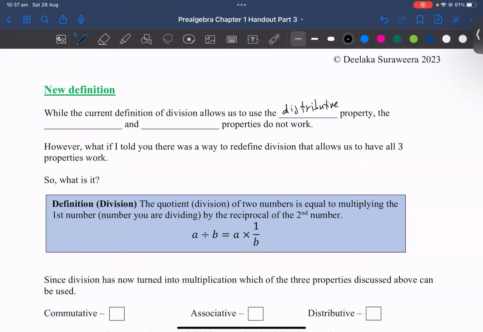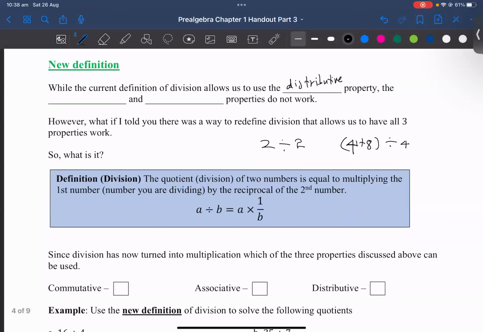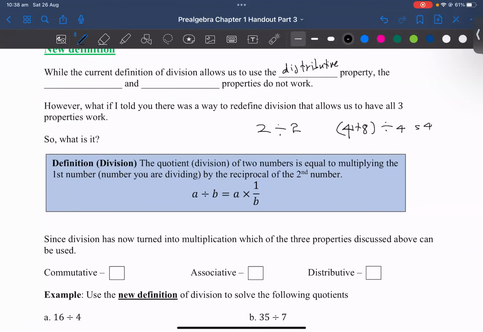For example, it works for 2 divided by 2 because they're the same number as the divisor, but then it won't work for 8 divided by 4. Wait, for distribute, you need 2 numbers inside brackets, really. You can split it up like this: if you have this equal to 4 divided by 4 plus 8 divided by 4, then that works. So you need 2 numbers for the distributive property.